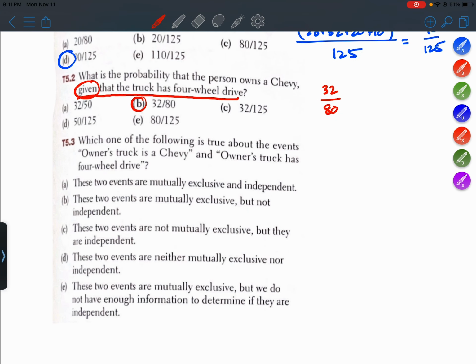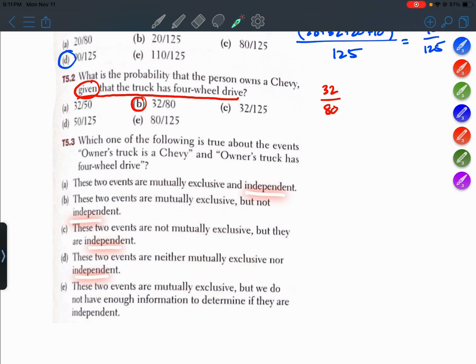All right, question number 3. Which one of the following is true about the events owner's truck is a Chevy and owner's truck has four-wheel drive? Statement A, these two events are mutually exclusive and independent. Looking at all the choices, they either have to do with mutual exclusiveness or independence.